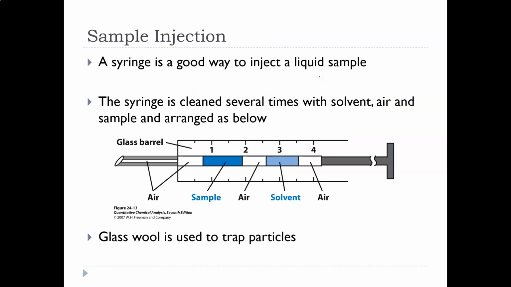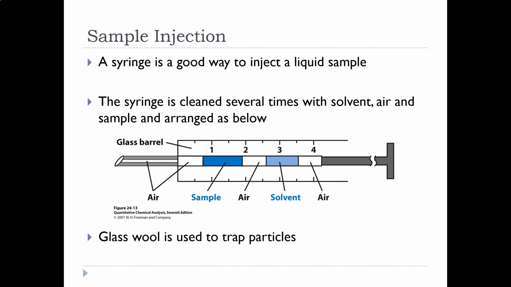Okay, so this is just looking at how the sample is added. The sample is added using a syringe. So like when you get a shot, it's like a syringe. Yeah, but it's not made to poke people. The syringe has a plunger, so it pulls up the liquid. And there's like one syringe for the instrument, so it's always conditioned several times with the solvent, with the air.